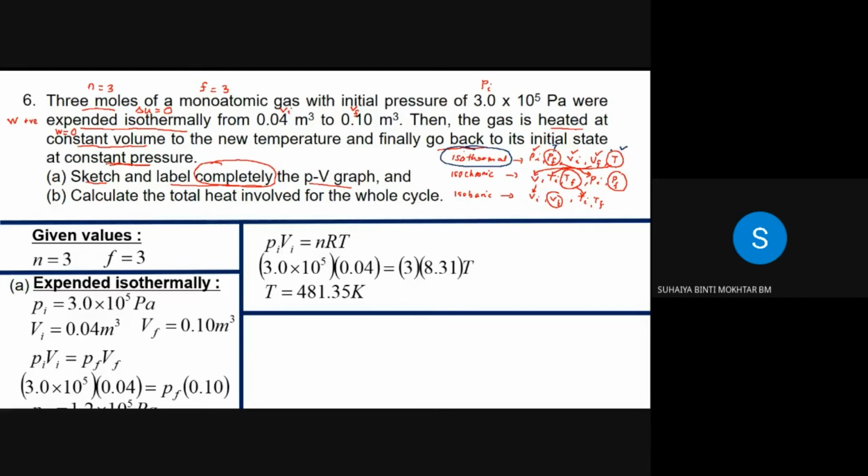Now the second case is isochoric, constant volume.